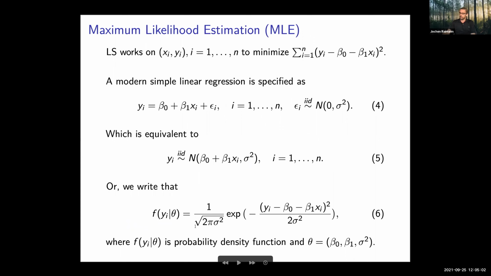You have 1 divided by the square root of 2 pi sigma squared, so 2 times pi times the variance, multiplied by the exponential of S of beta 0 and beta 1.